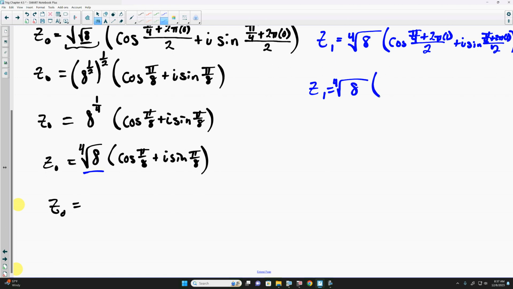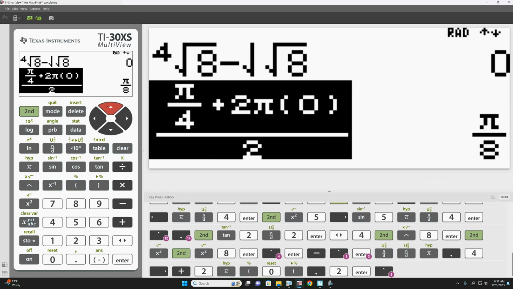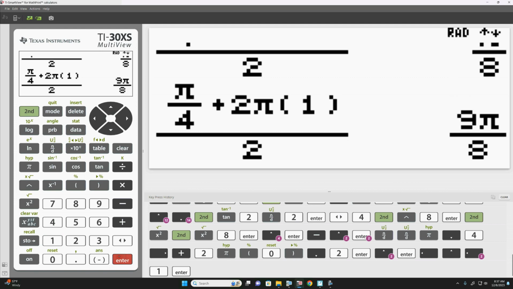Now we just need to figure out what our pi over 4 plus 2 pi times 1 over 2 is. So we can grab the calculator again. Well, this is kind of nice because the last thing we typed in was this here, yes? I can now just replace the 0 with 1. 9 pi over 8.